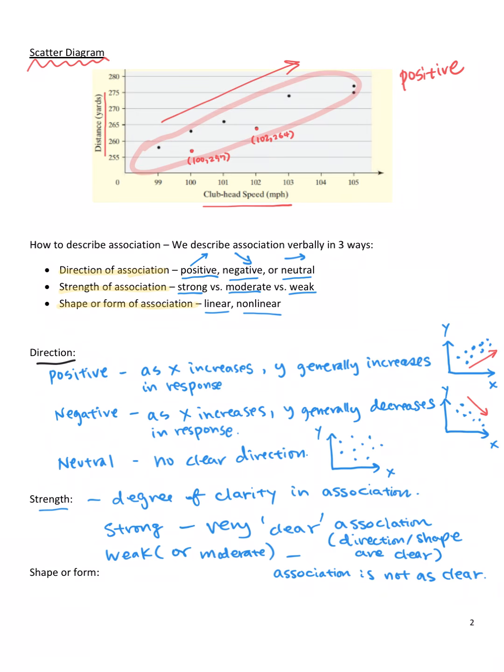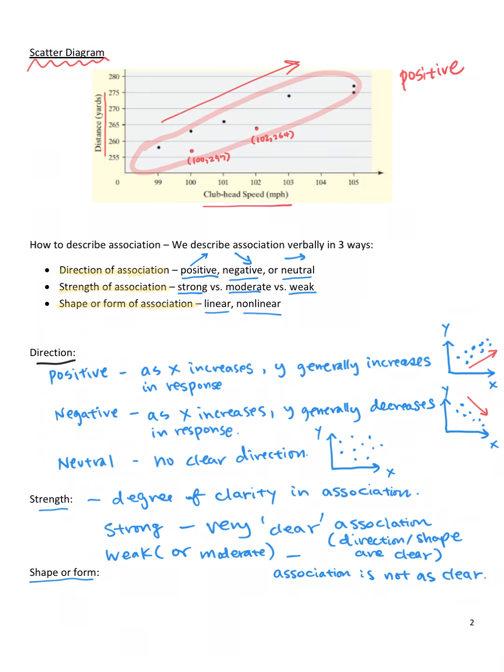I will give you a couple of examples, but let me talk about the shape of the association first. The shape or form of the association essentially does what it sounds like. It describes what kind of shape the data will make when you look at the data displayed in the scatter diagram.